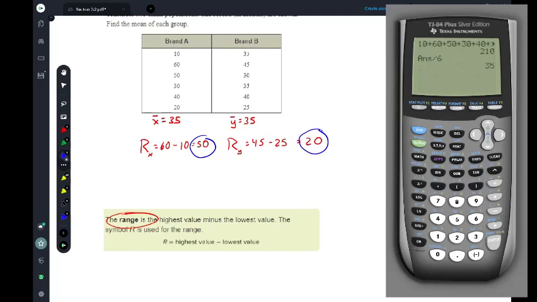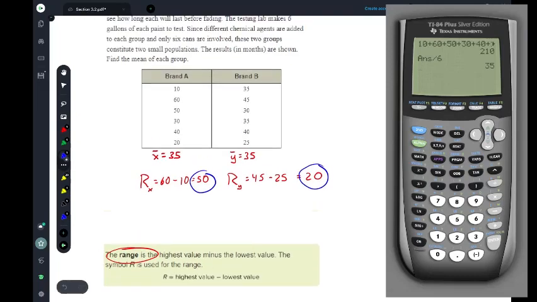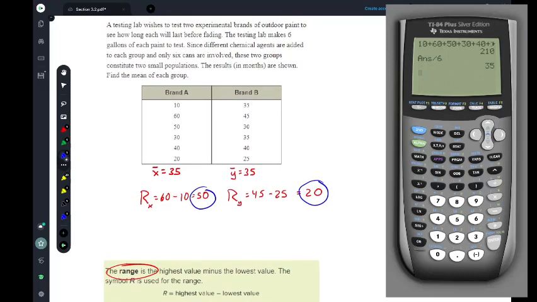Here's why that's significant. Let's ask this question to explain why variation matters. Which brand do you have more confidence in? Do you have more confidence in brand A, which has an average of 35, but could last as long as 60 months, or could only last as long as 10 months?